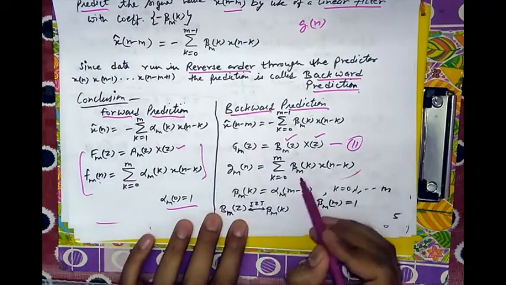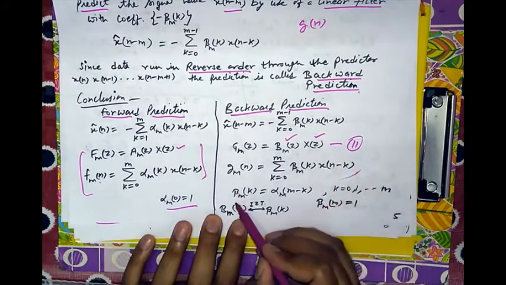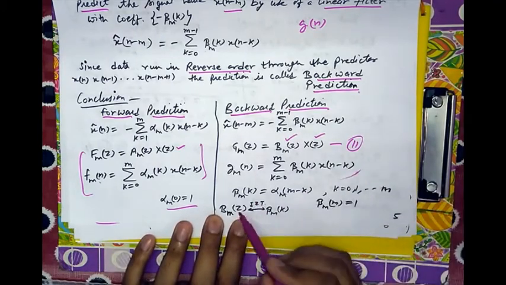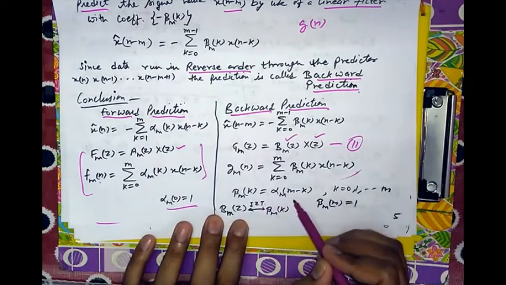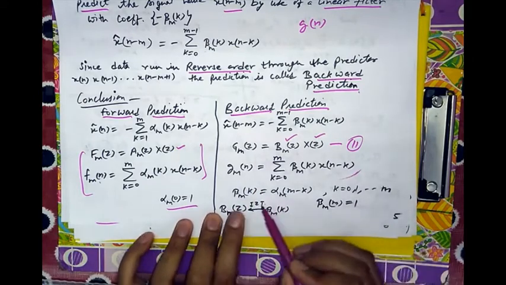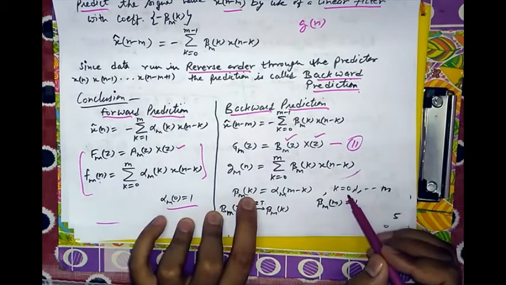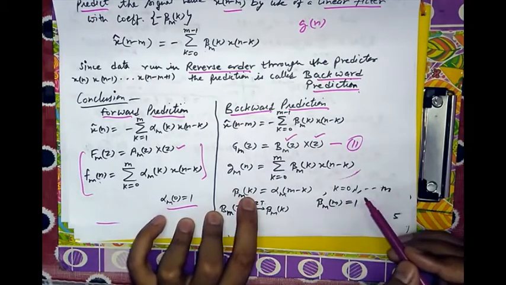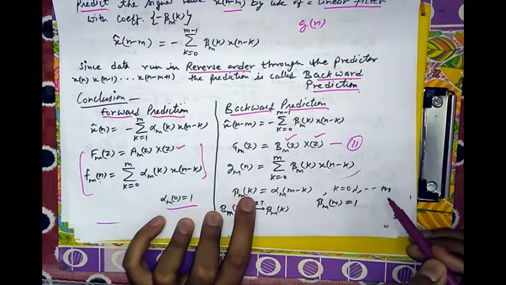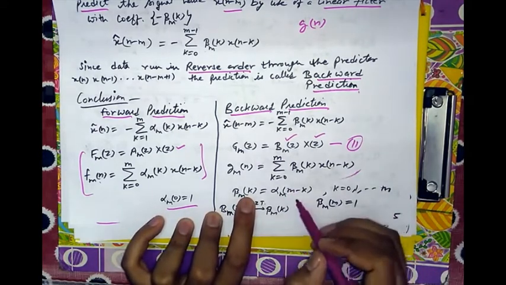You can see it is a convolution sum between coefficients and inputs. The relation between the forward coefficients and backward coefficients is obviously that they are in reverse order. So beta m,k is equal to alpha m,(m minus k). Reverse order means, suppose k varies from 0 to m, and suppose k is 1 and m is equal to 3, a third order filter.